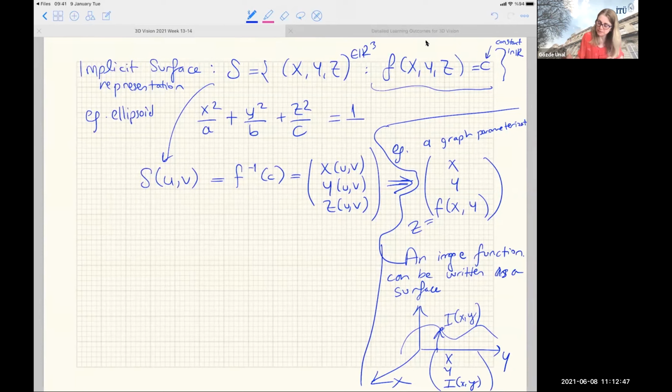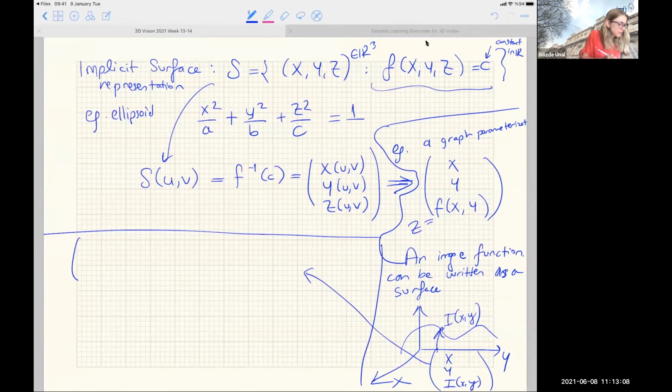So for instance, for this one, I can talk about the normal vectors. I was talking about this parameterization in my notes, and I said x(t), y(t).